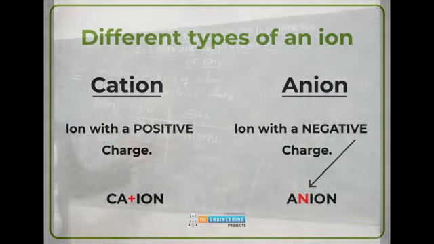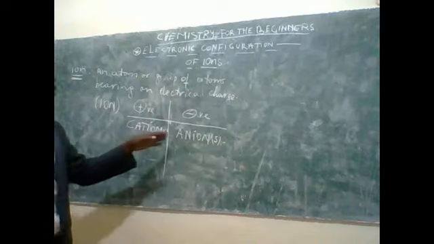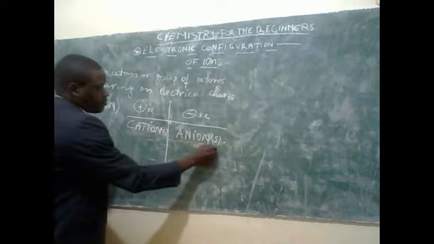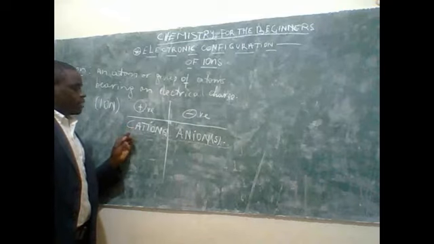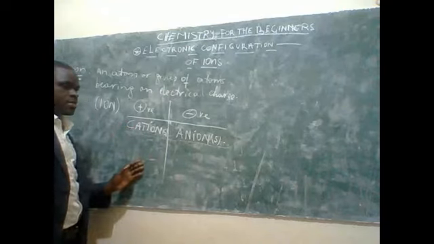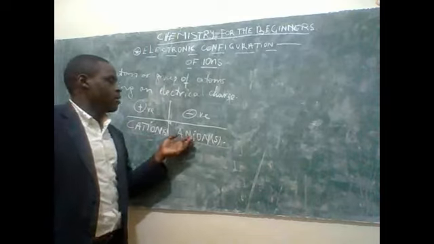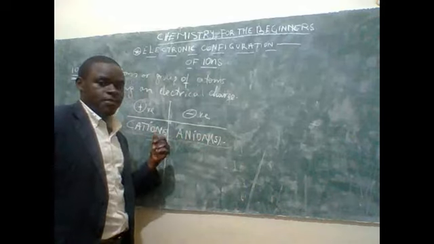These are just the names, and you have seen how to find out if an atom is electrically charged positively or negatively. Because we say that metals will be called cations, and the non-metals will be called anions when they become ions.